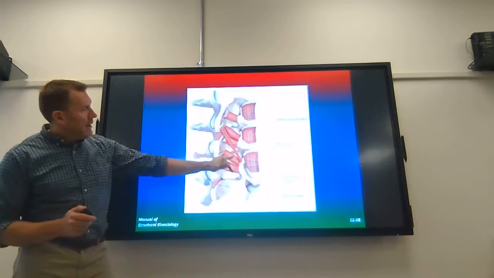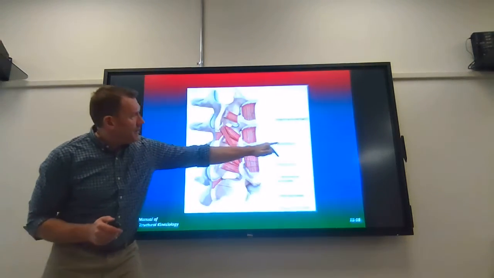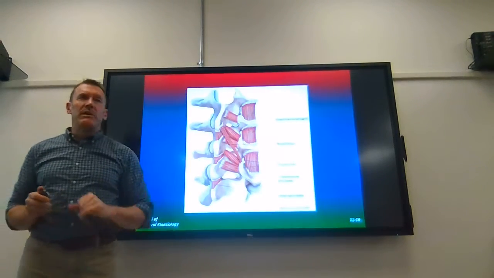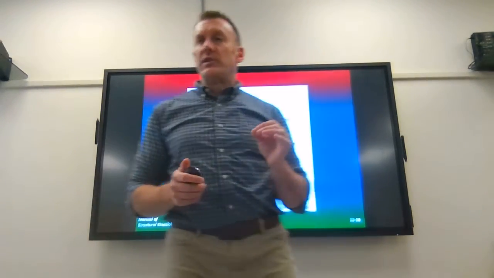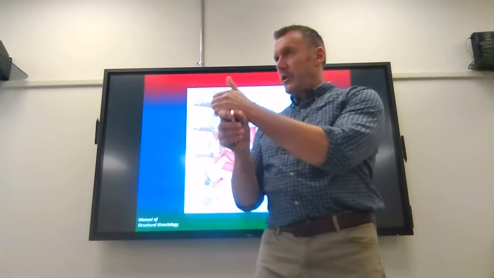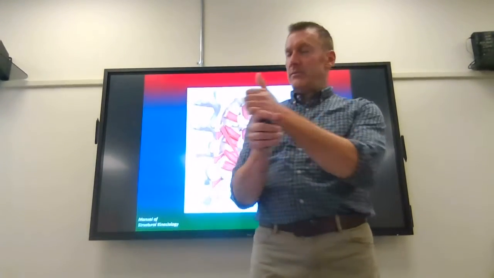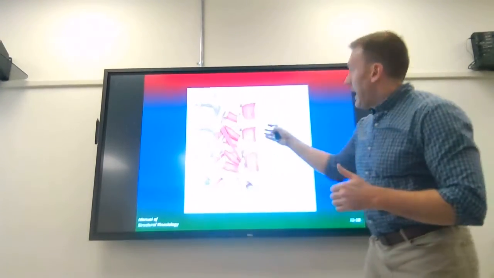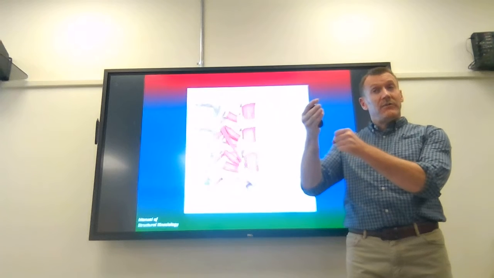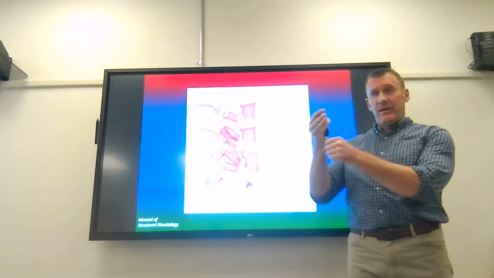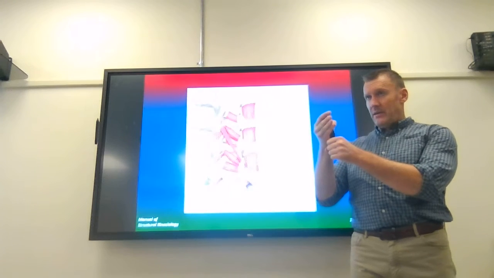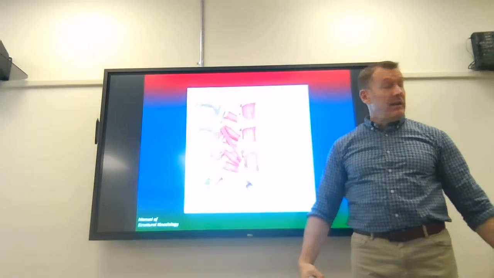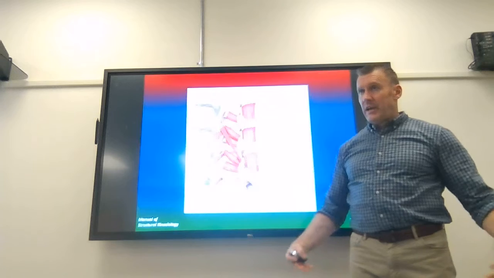So other muscles, the multifidus runs all the way up and down the spine. So all of these muscles have a specific function in keeping the vertebrae in the right position. Because if you have a vertebrae that slips too far, you've got pressure on those spinal nerves, right? Okay, that causes loss of function in those muscles that are innervated by those nerves.